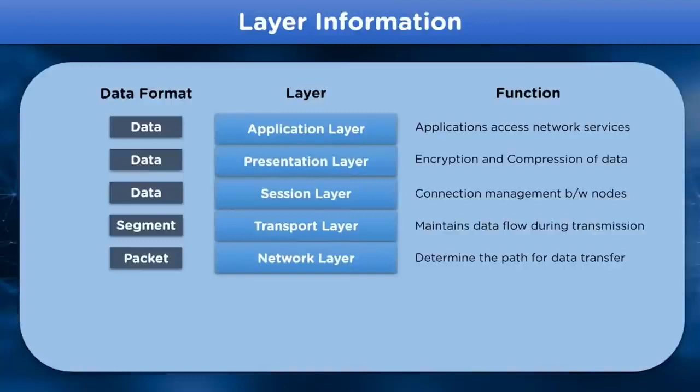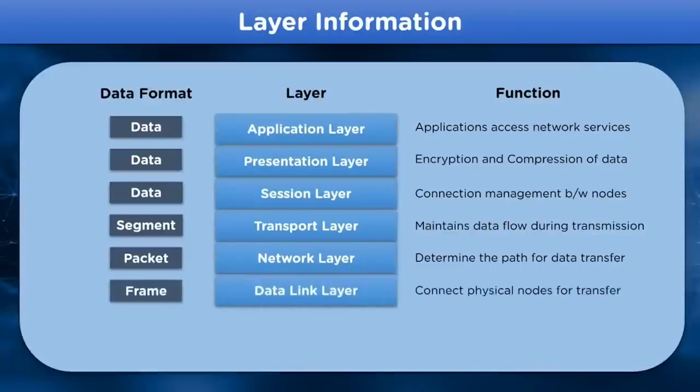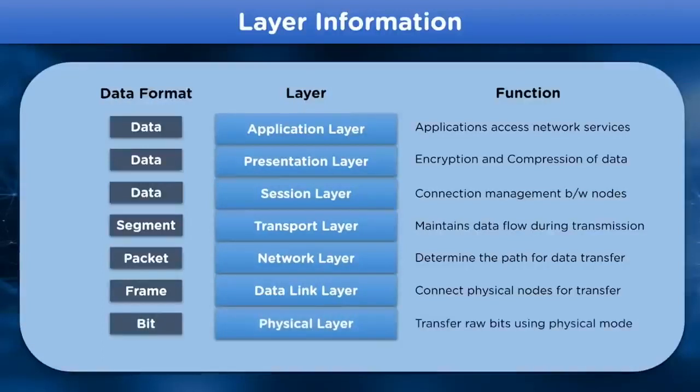It handles packet-related data. Then we have the data link layer, which performs the task of connecting the physical nodes for the transfer of data. It handles frame data. And in the end, we have the physical layer, which is used to transfer the raw bits, that is, in terms of ones and zeros, over the physical mode.